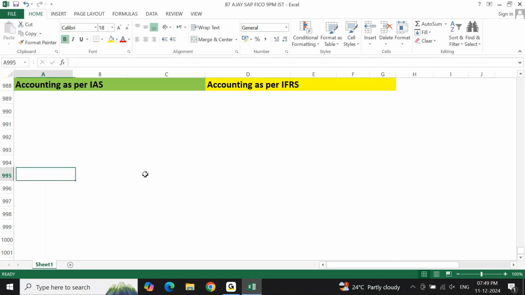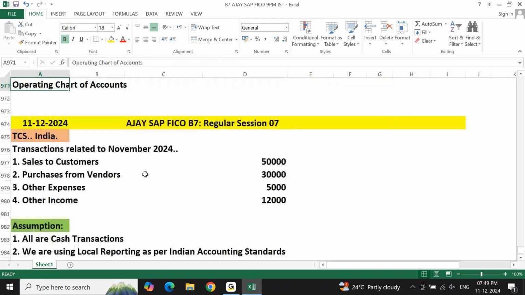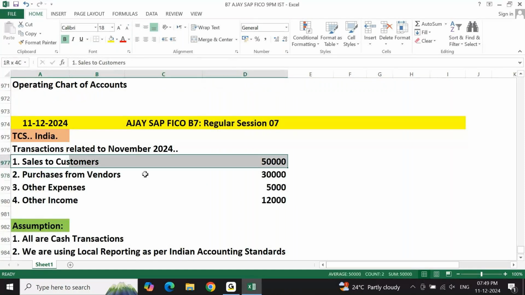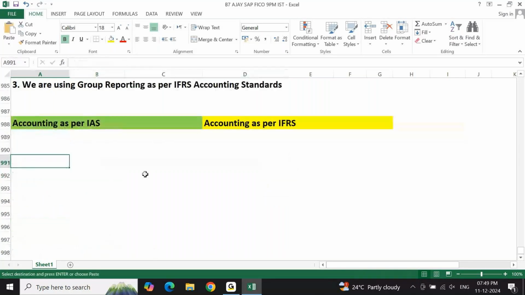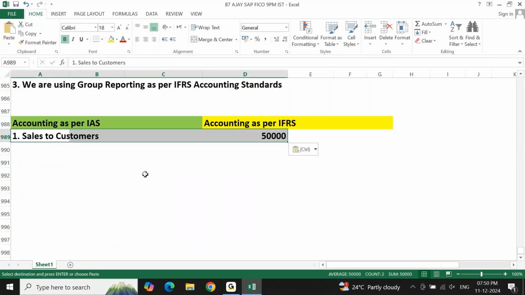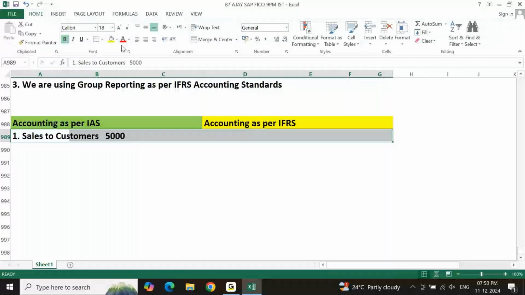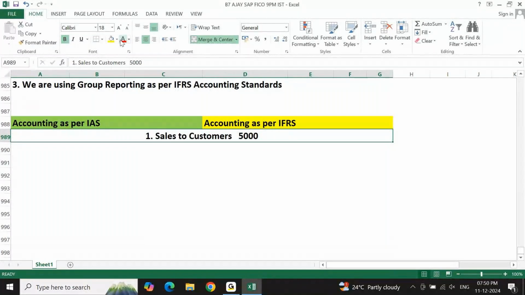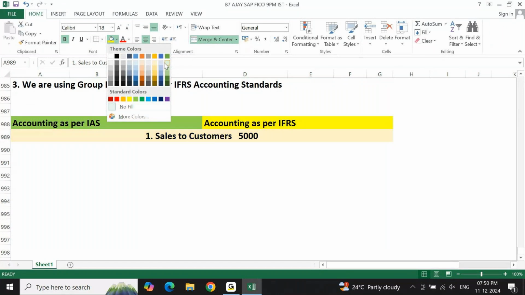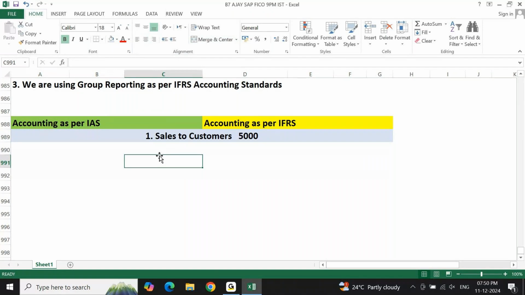First entry, first transaction, whatever we were taking is this. If I take this transaction here, the transaction remains the same, so I'll merge it. 5,000. I'll merge this transaction here, and let's put it in a different color. I merged it to represent that the transaction is the same and your accounting logic is different. Accounting requirement is different.